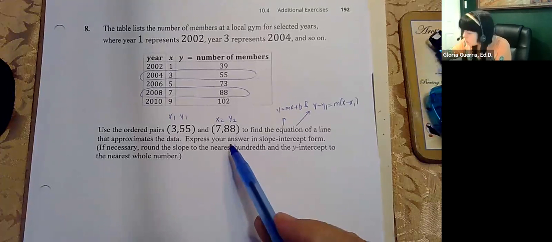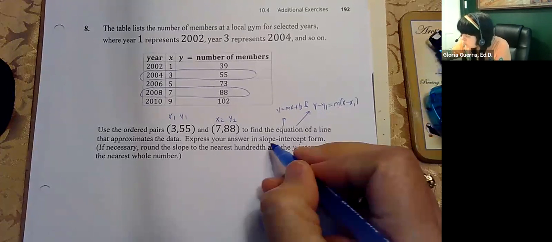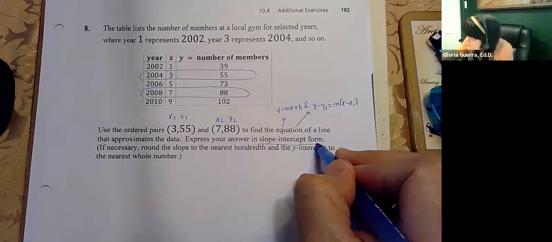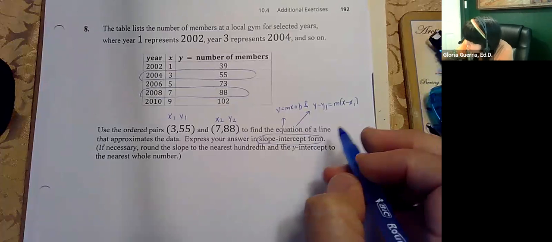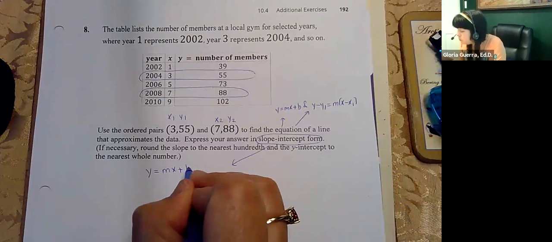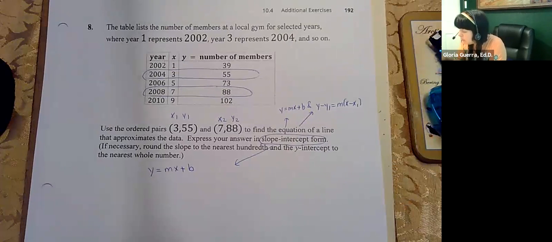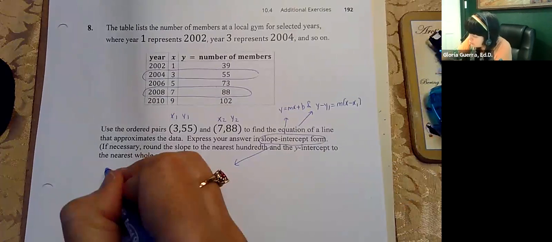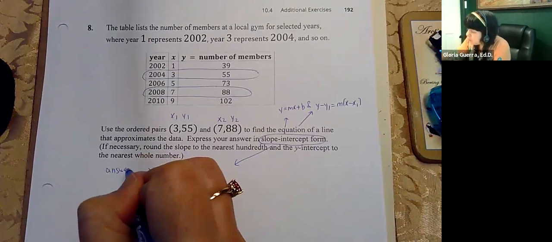Express your answer in slope intercept form. Okay, so slope intercept form is y equals mx plus b. They want this format, not this one.